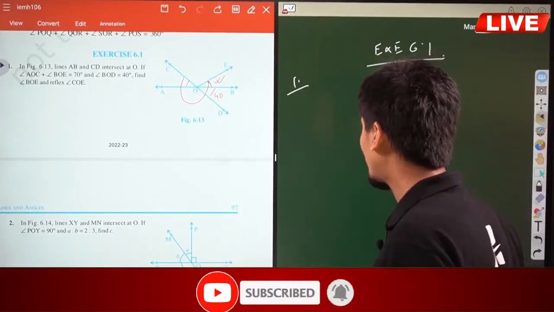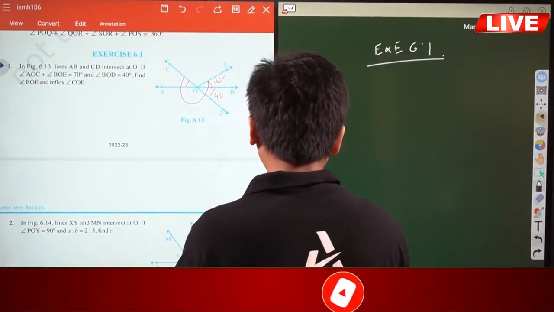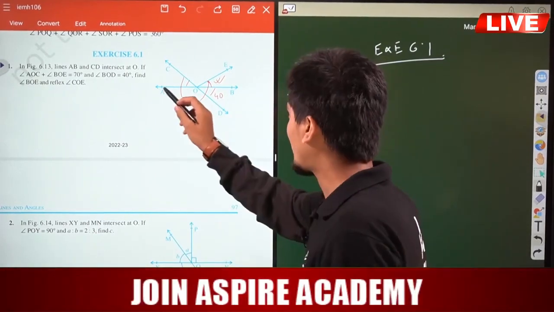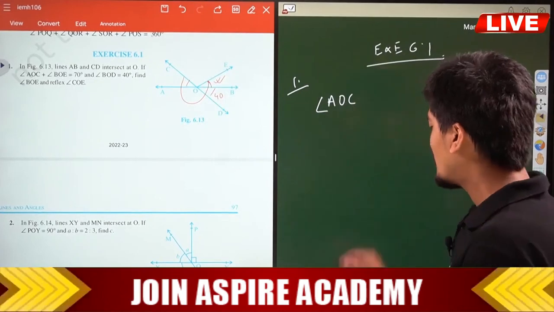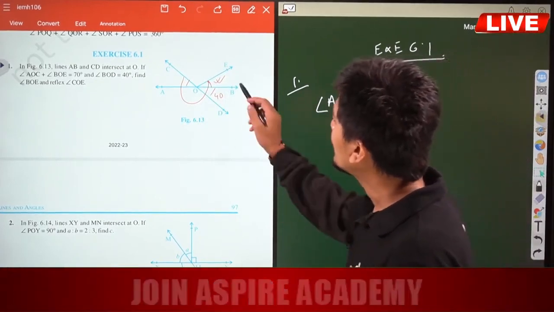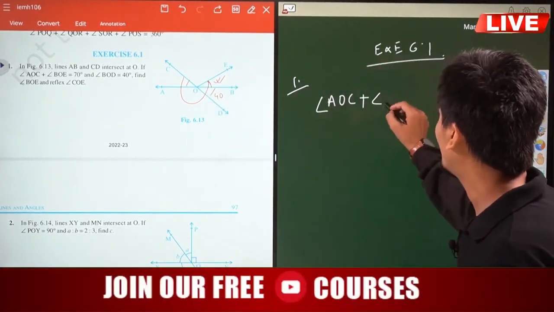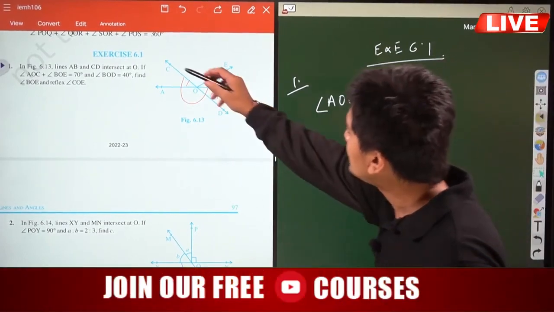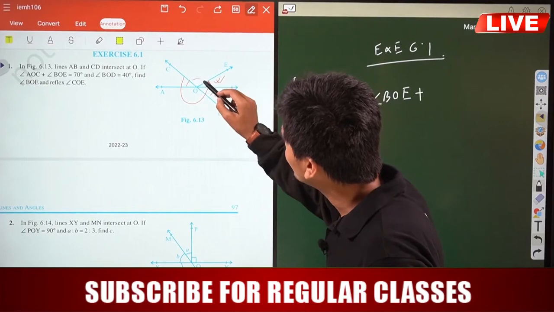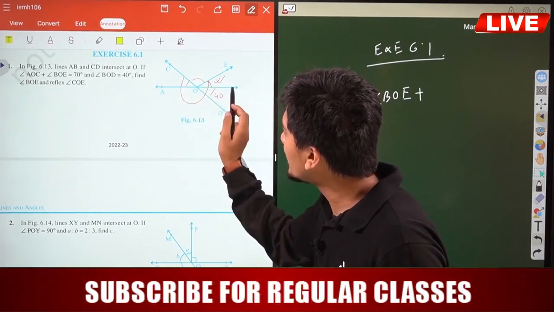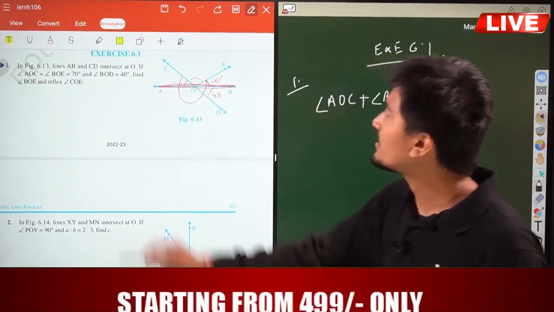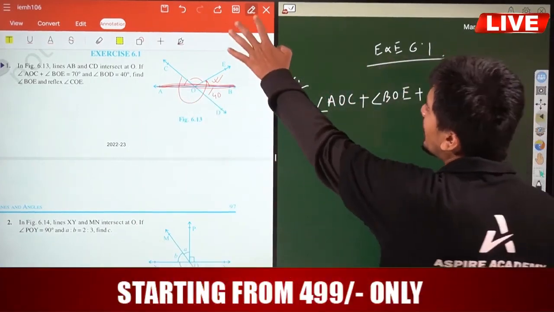So from the diagram, we have angle AOC plus angle BOE plus angle COE, this angle also. Does this make a straight line or not? This is a straight line. So it is making a straight line.